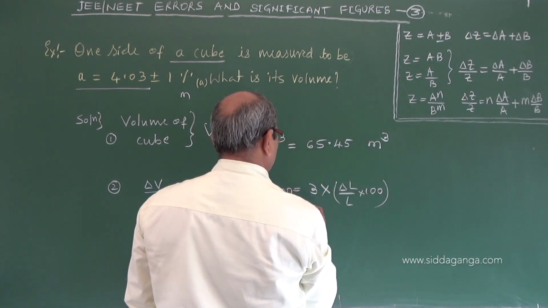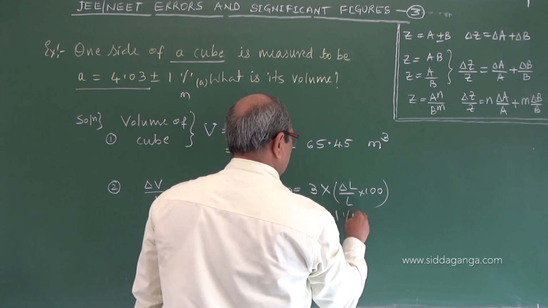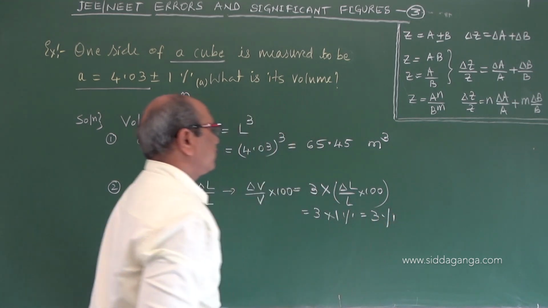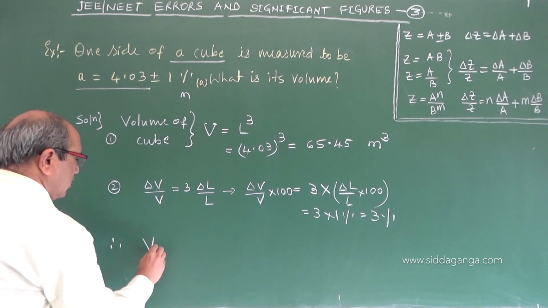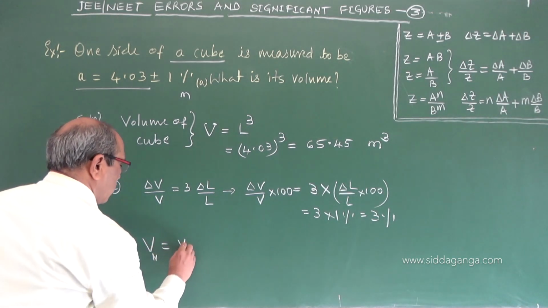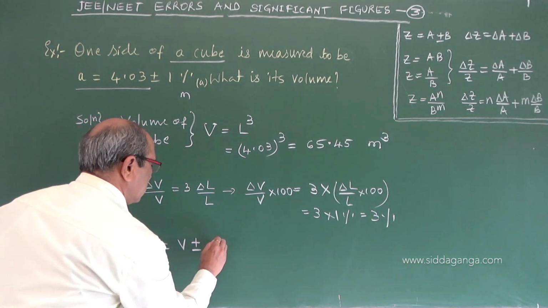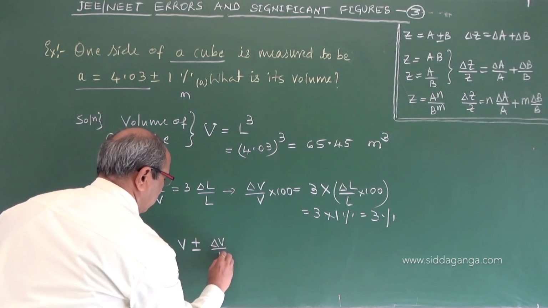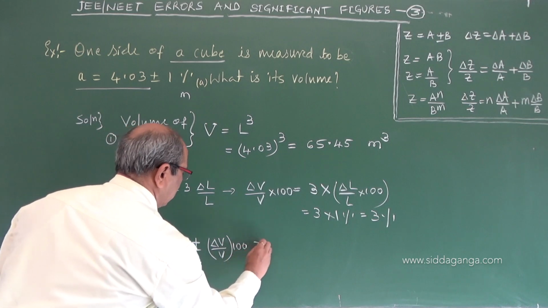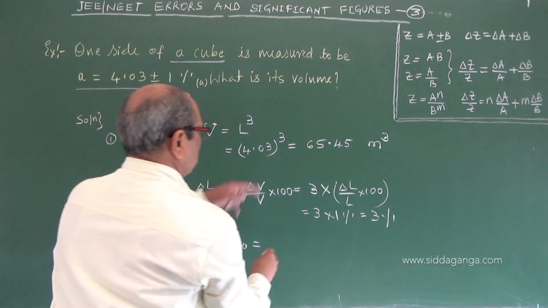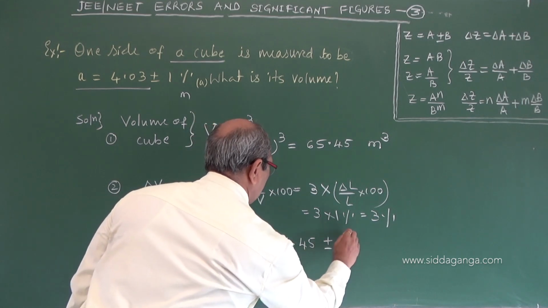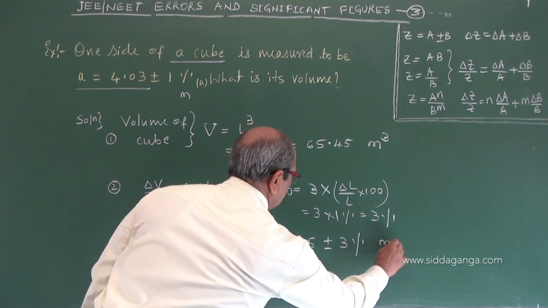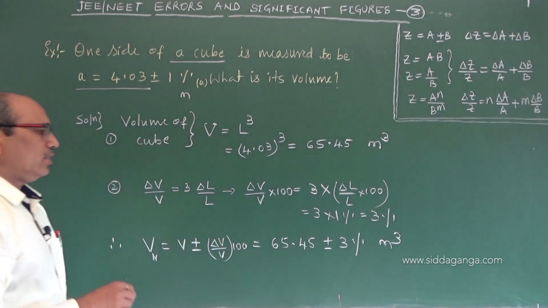This is given as 1%. 3 into 1% becomes 3%. Therefore, volume V net is equal to volume plus or minus delta V by V into 100, which gives you 65.45 plus or minus 3% in meter cube as the answer.